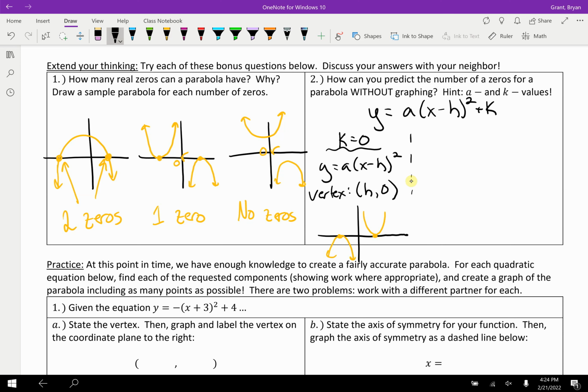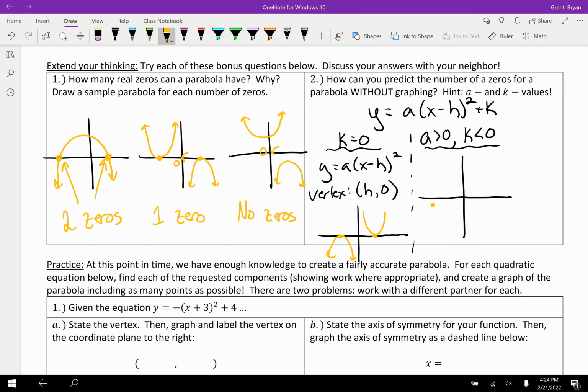Well, maybe compare that to something like this, where a is positive and k is negative. What do those graphs look like? Well, if k is negative, then this part of my vertex is negative. That means the vertex is on a negative part of the y-axis.